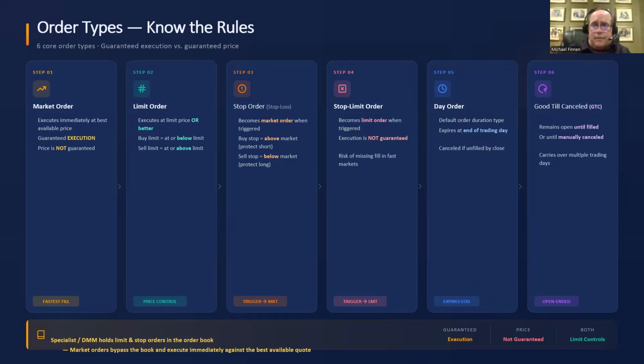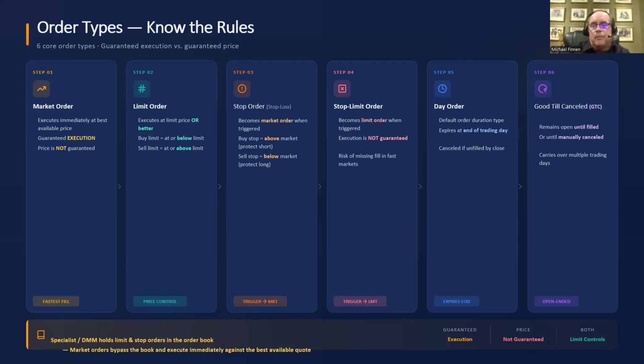So it guarantees an execution. It is the fastest fill, but you're not guaranteed the price. Wherever the next trade happens that fits your criteria, which is basically anything, then you're going to get executed. Buy 100 shares of XYZ at the market, you put the order in, the next trade is 17, you buy 100 shares at $17.